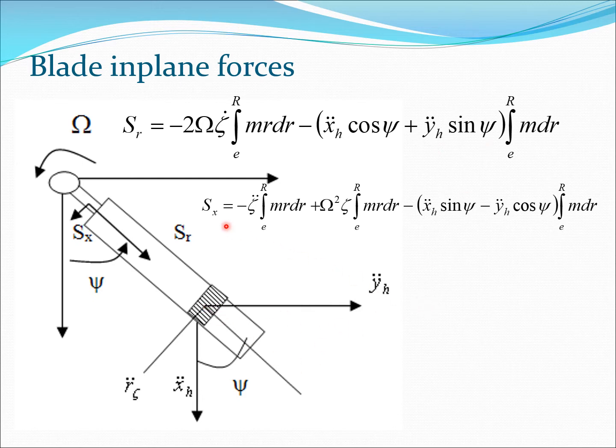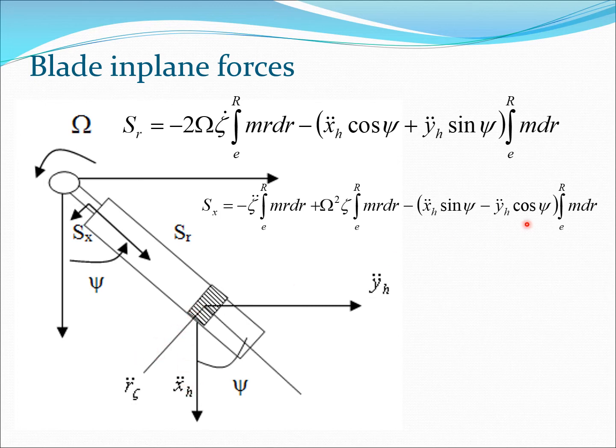Now if we look at Sx, the zeta double dot component is there, which is acting in this direction. There is also a component here due to a centrifugal force type of situation. Now let us look at xh double dot. It is going to have a component in the sinusoidal direction, so that's the component here.